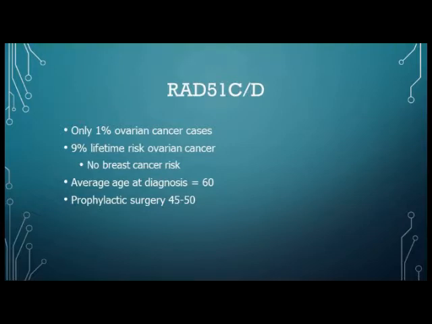You still have a 9% lifetime risk if you have this mutation. So not as high as many of the others, but if you think about the general population being that 1.38%, significantly higher than that. Again, with RAD51, there is not the breast cancer risk. Average age, around that 60, so you'd want to do prophylactic surgery in the 45 to 50 range.